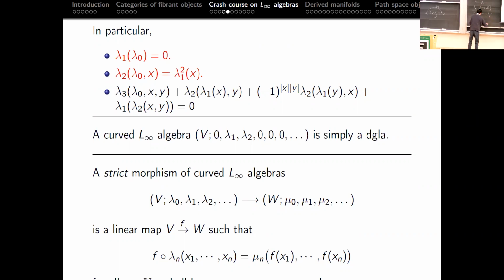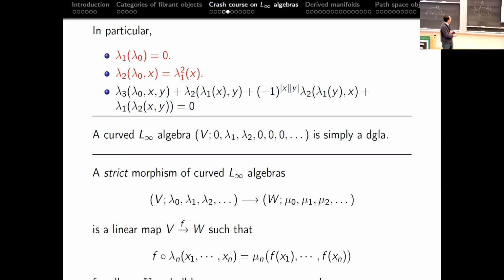Here are the first few relations. Lambda 0 is one element, and applying D to it has to be 0. Think of lambda 1 as the differential D. If lambda 0 equals 0, then lambda 1 squared is 0; otherwise lambda 1 is a twisted differential. That's just a cochain complex.